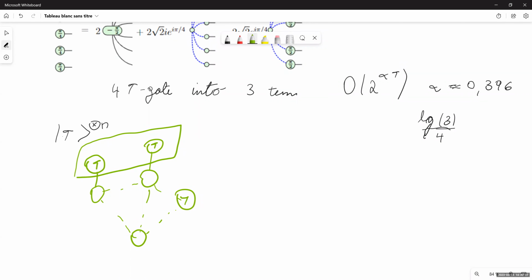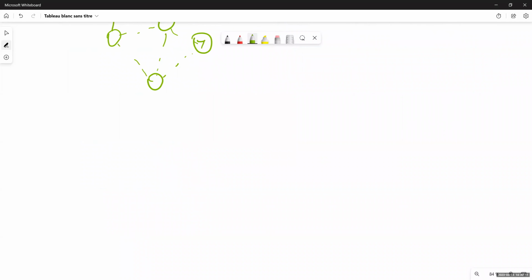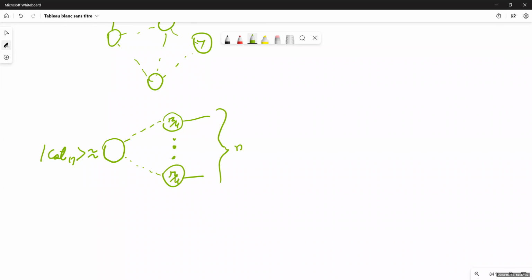There's one category of state that we call a cat state. Cat n is equal, up to a number because there's some power of 2 going on here, to this, with pi over 4, pi over 4, and you have a bunch of them, n of them, and that's what we call the cat n.